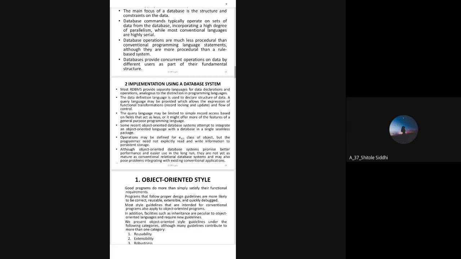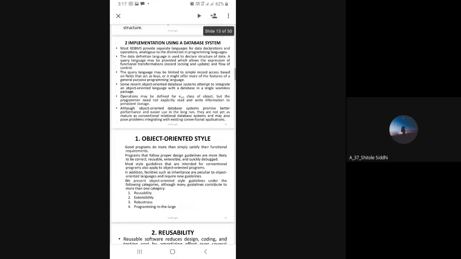Database operations are much less procedural than conventional programming language statements, although they are more procedural than a rule-based system. A database provides concurrent operations on the data by different users as part of its fundamental structure, which we need to take into consideration while implementing database systems.